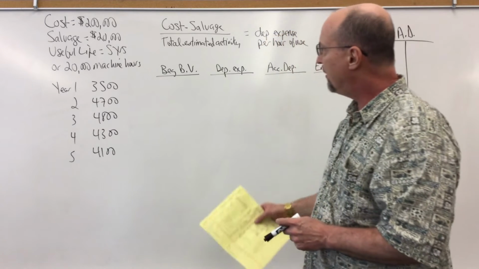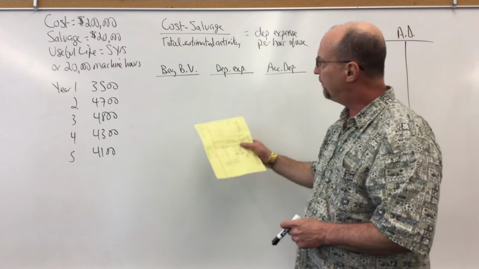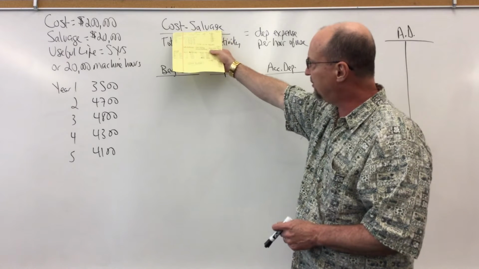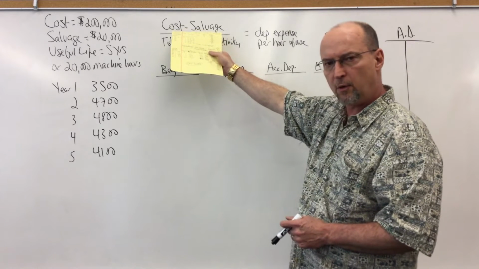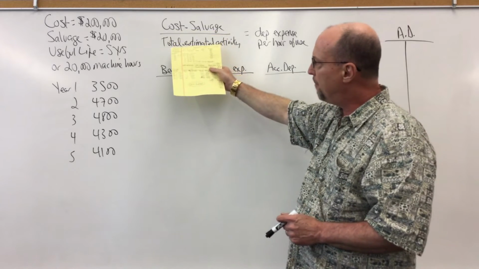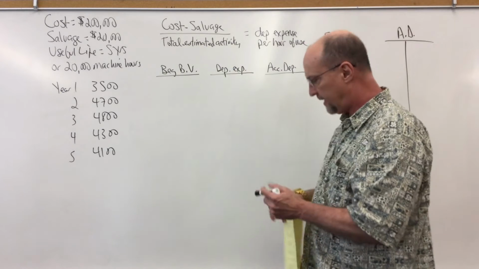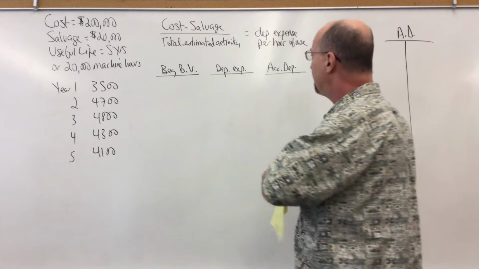Okay, so notice the formula for the units of activity depreciation method is cost minus salvage value, which is the same numerator as straight line depreciation, but instead of using years, we use the total estimated activity. So I'm going to put the numbers in here.